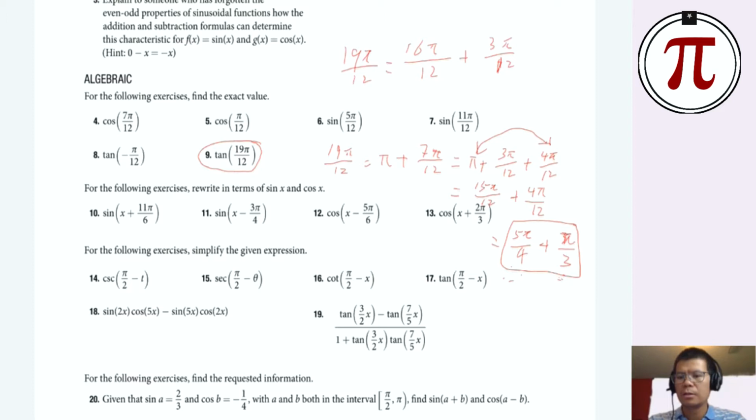Now, this is going to be 4 pi over 3, plus pi over 4. Now, these two are special angles as well, right? But you should get the same result either way. So it's depending on how you break it up, or how to break it into a summation, right? So you can do either way. Very good question, right?